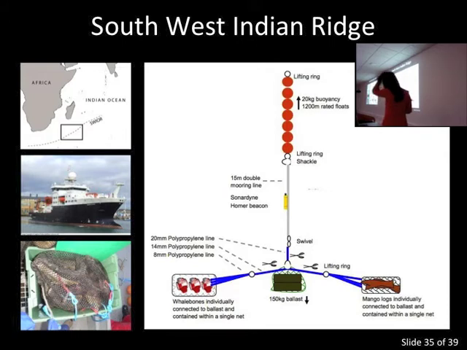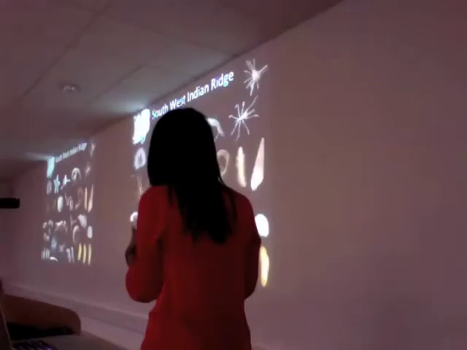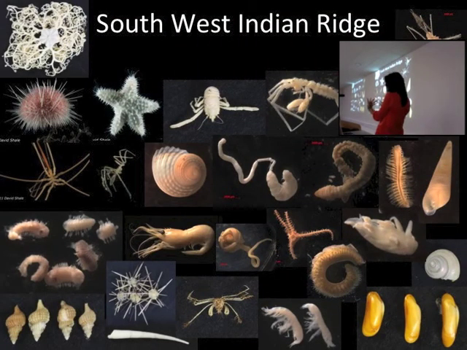So last December, the James Cook went back, so two years after the packages were deployed, and collected them for us. And so these are really preliminary results. It's just to show you the abundance and the diversity of animals that you can get on organic falls. So there's everything from a basket star to some polychaetes, a nemertean, gastropod, sea spiders.